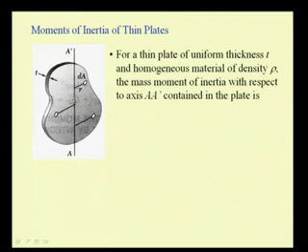This axis obviously lies in the plane of the object. If we take this as an area element, then we have various elemental areas, say dA, which are situated at a distance of r from this axis A prime.